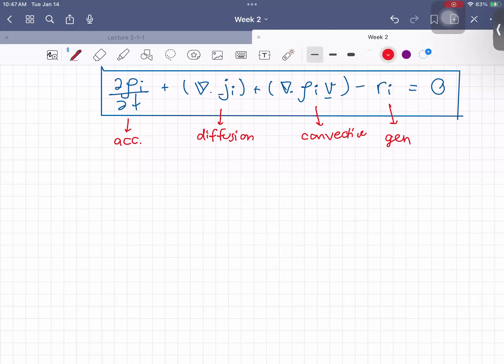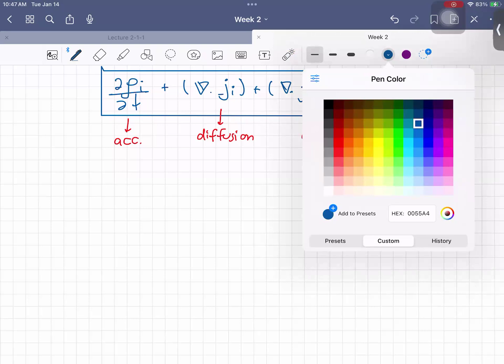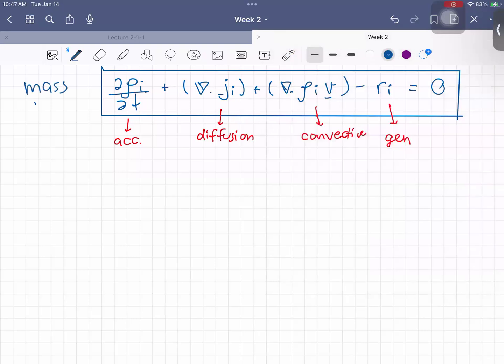Okay, this is in terms of the mass form. You also know that when we talk about mass conservation, it can be considered in molar form as well, right?